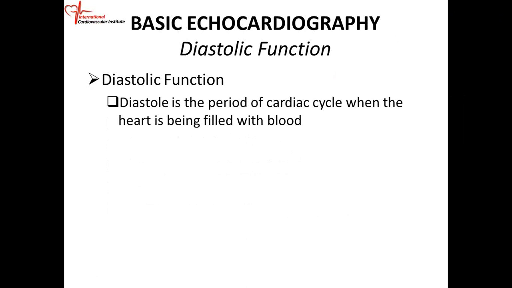When the mitral valve opens, and we're talking about a young individual, there's like a suction of blood from the left atrium into the left ventricle, and that produces the so-called E velocity.